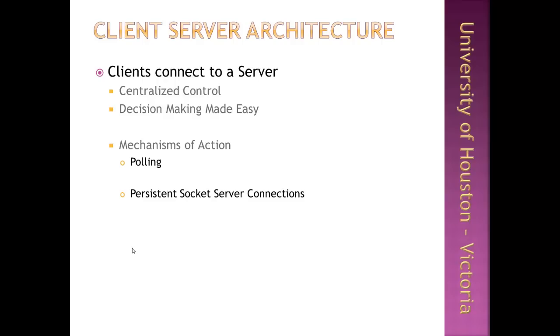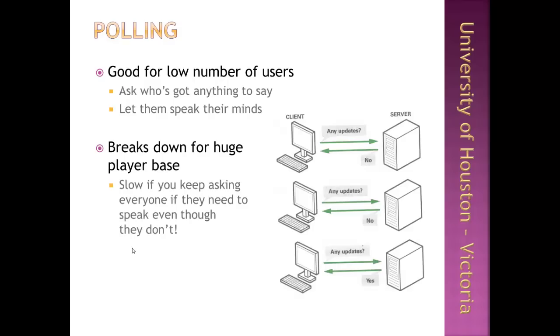There are two primary approaches to this architecture to maintain and to resolve communications: polling and persistent socket connections. Persistent socket connections through the use of a socket server is the most common approach, and we will explain this later. Let's first try to look at the polling techniques.